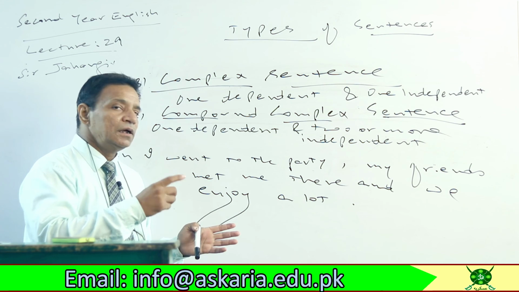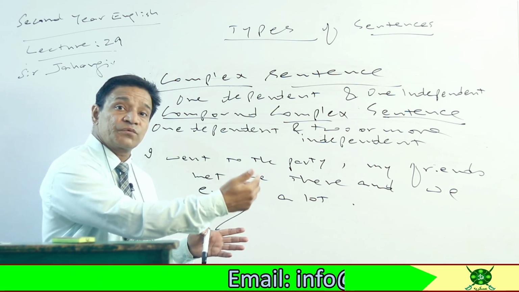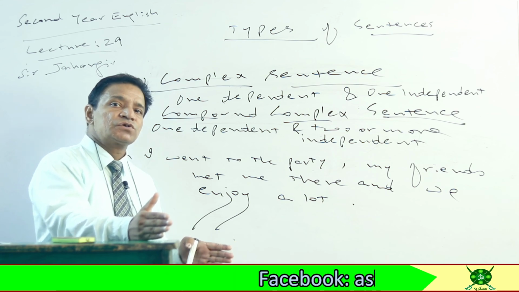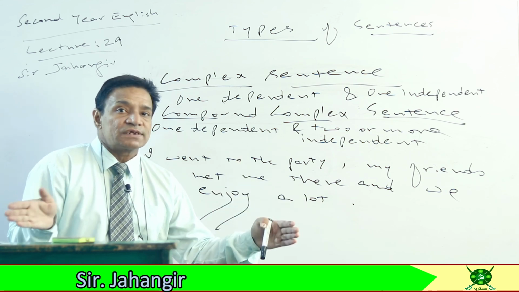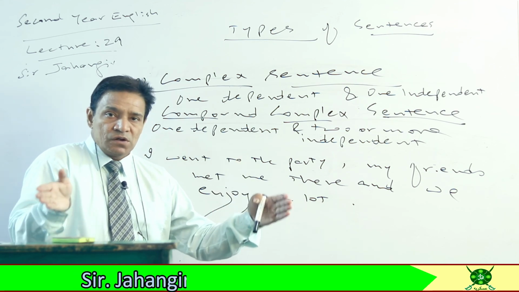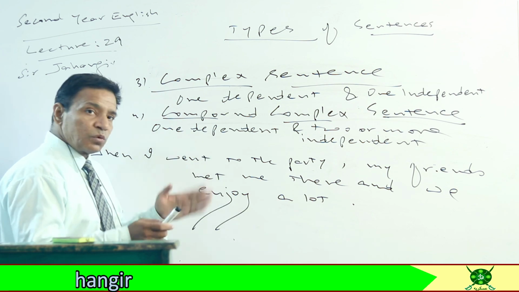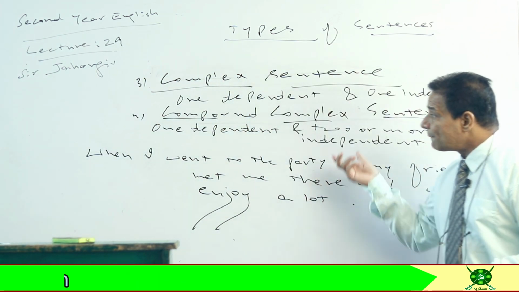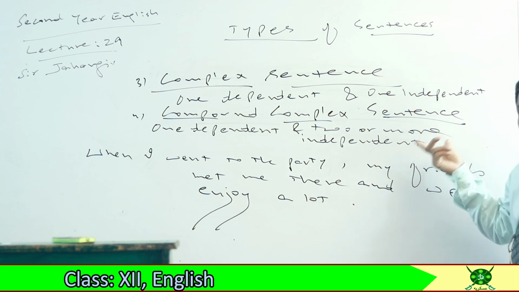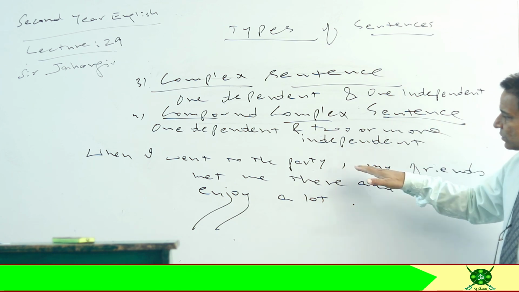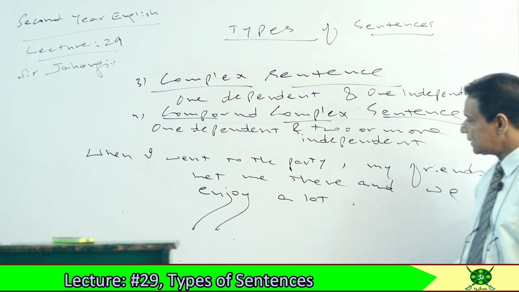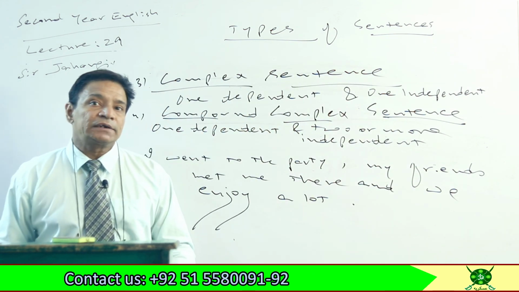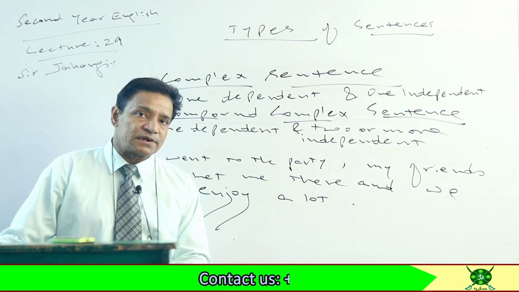In one sentence there are a lot of commas, a lot of semicolons, and then later on the sentence completes. A sentence is full of so many clauses, and when you have two or more clauses, obviously that becomes a compound complex sentence. So "When I went to the party, my friends met me there and we enjoyed a lot" is compound complex, and this is the difference between kinds of sentences and types of sentences.